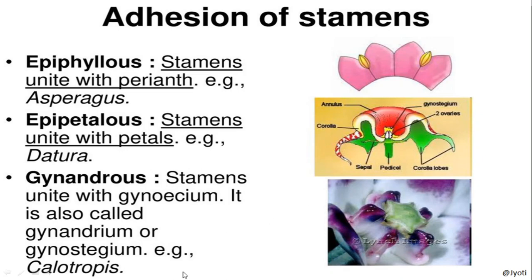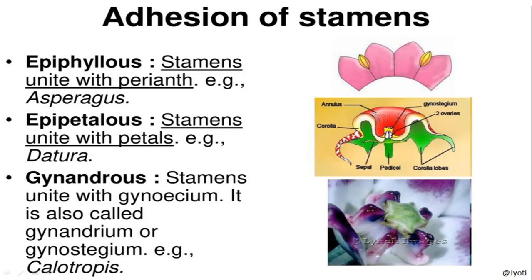That's why it is known as epipetalous. Then in gynandrous, the gynoecium and androecium are fused to form a single bundle. This is called gynandrous stamen. And when the stamens are attached to the perianth, that means where the sepals and petals are not differentiated and the stamens are attached to the tepals or perianth, then that is known as epiphyllous.